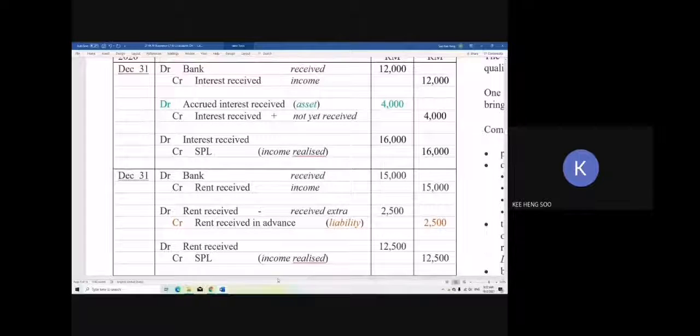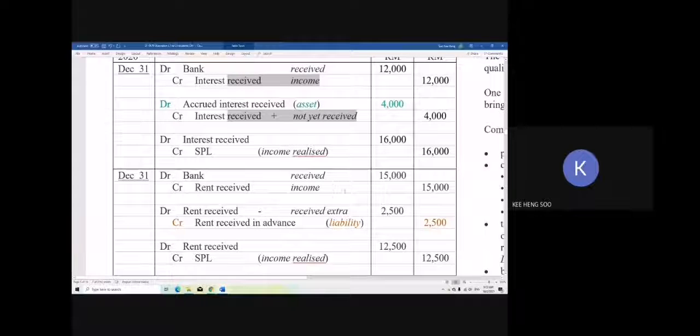Journal entry, so far no problem. Income received is 12,000. The rent income received will be 15,000. This is true; it is called true. At the end of the year, you need to add to income: you add 12,000, you add 4,000, it becomes 16.